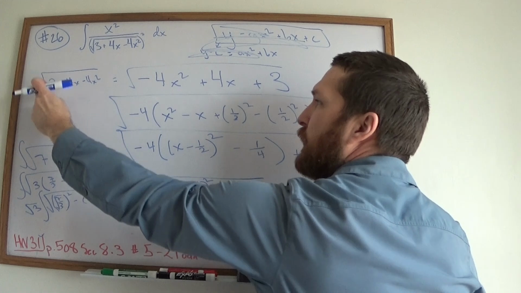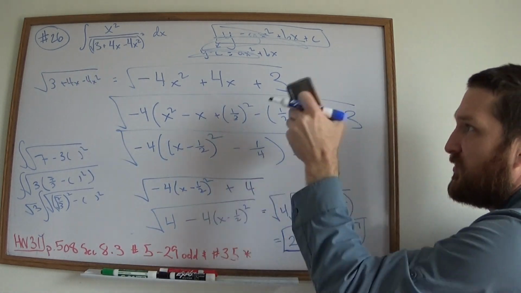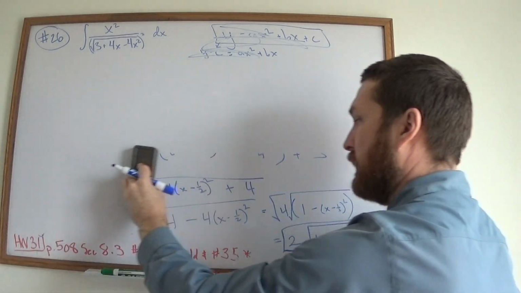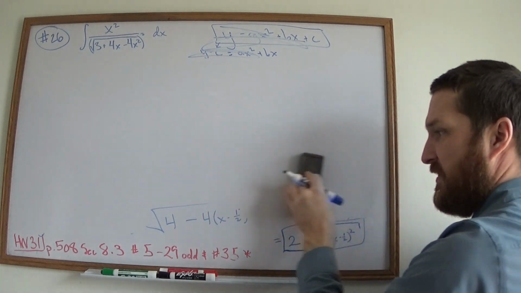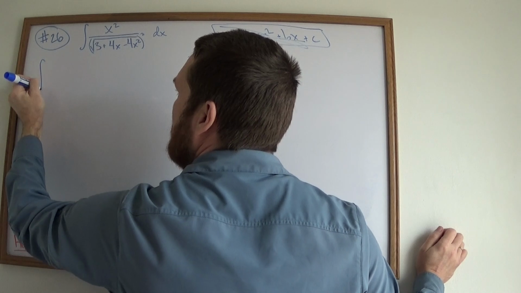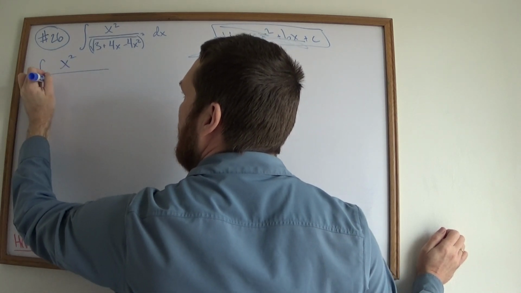We just said that the root of this stuff is equal to this stuff. So I'm going to rewrite my integral with that in place of the other things. But be careful, because that cube in the denominator, we need to take care of him too.